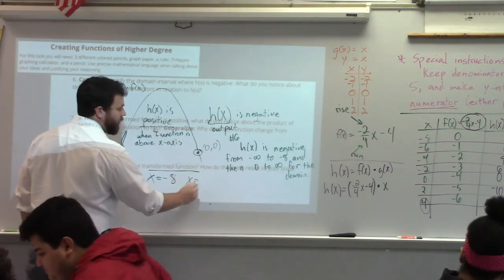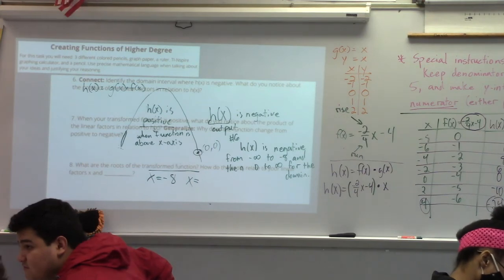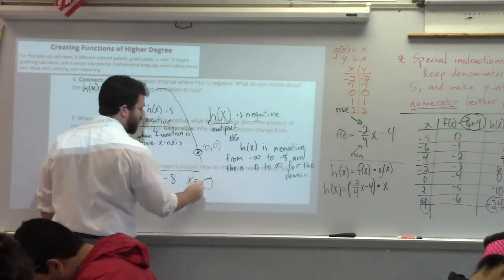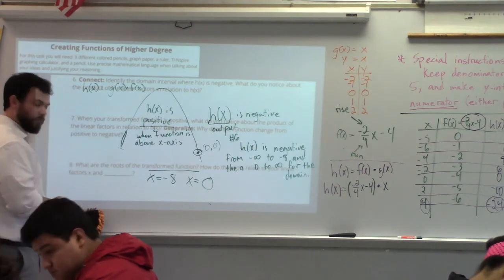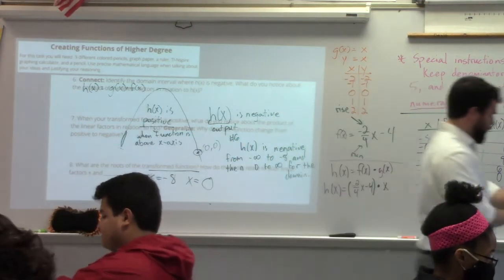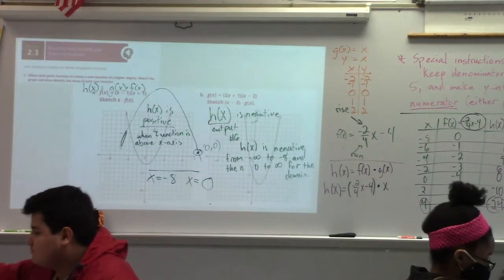And I think everyone has at least one root in common. What's the root that everyone has in common? X equals 0. My bad, guys. You'll wrap that up tomorrow.